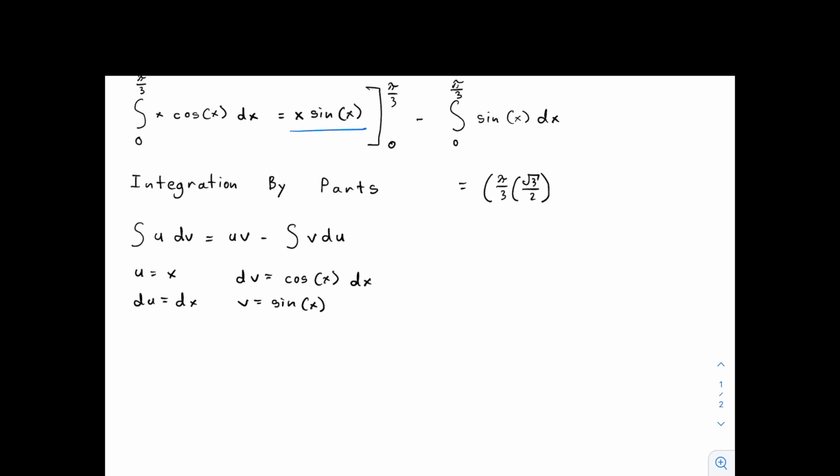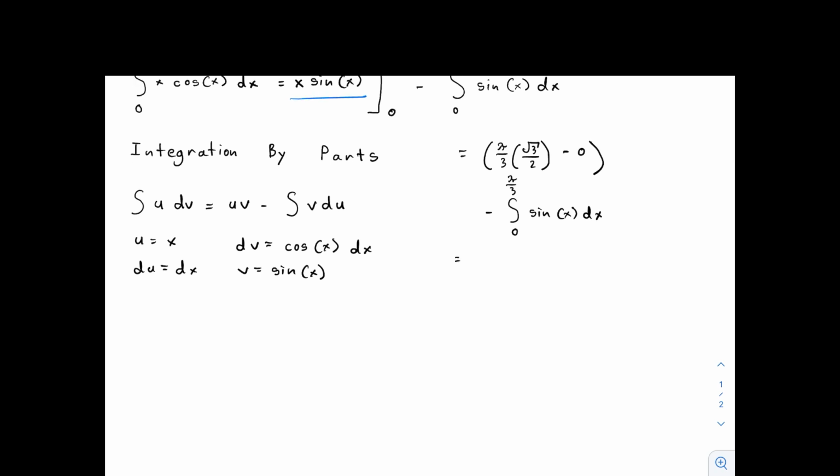And if that same expression underlined in blue is evaluated at 0, we get 0. We still have the integral from 0 to pi over 3 of sine x dx.